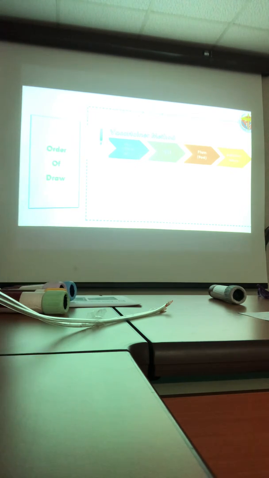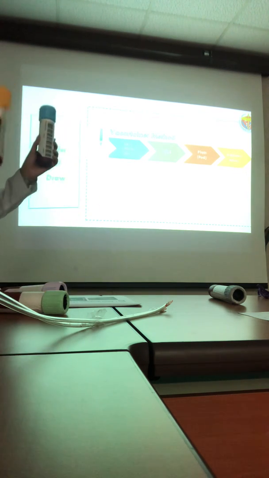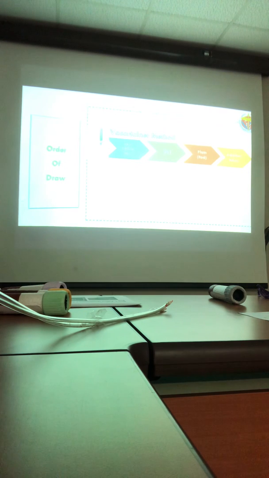Please, can you explain again? We didn't get it. This one, these two. Okay, the blue top tube is the only tube I should fill until the line, because the anticoagulant inside this tube is in liquid form, not powder. Oh, okay. The anticoagulant is in liquid form and the blood is liquid also, so I need to keep the ratio of the anticoagulant to the blood.